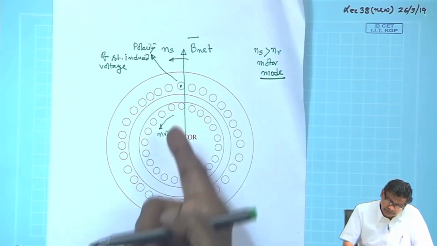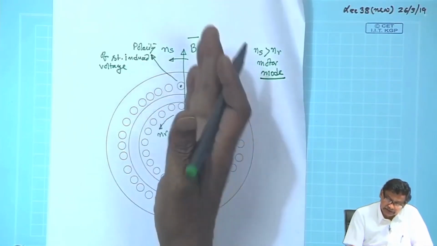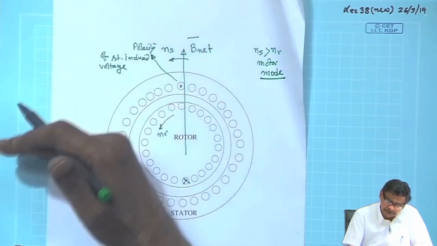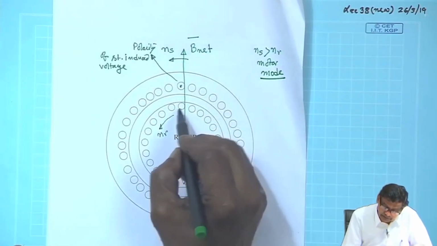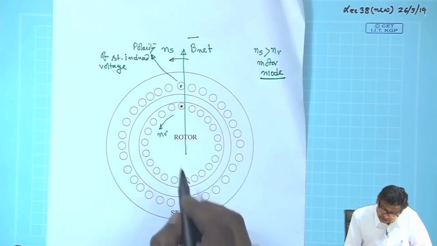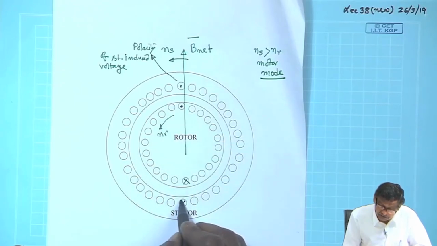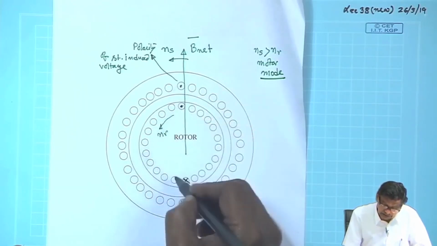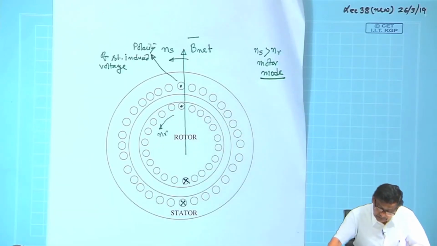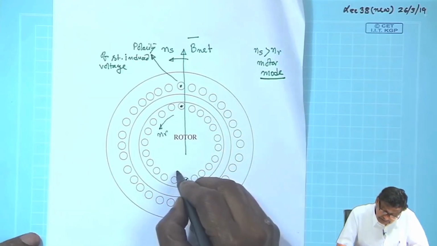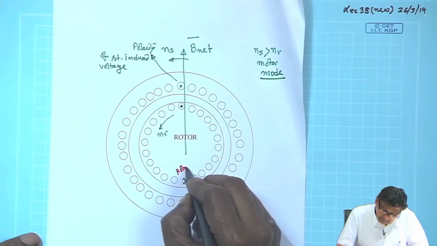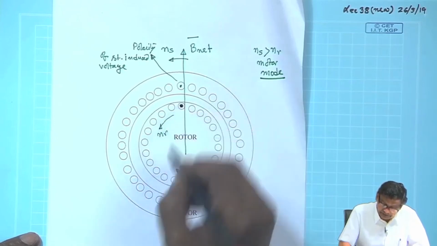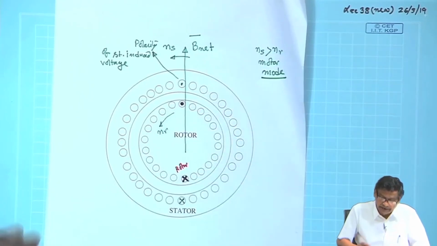Similarly, if you sit on the rotor conductor, B net will appear to move with the slip speed n s minus n r in this direction. Therefore, the polarity of the rotor induced voltage will be the same as the stator induced voltage: this is dot, this is cross.